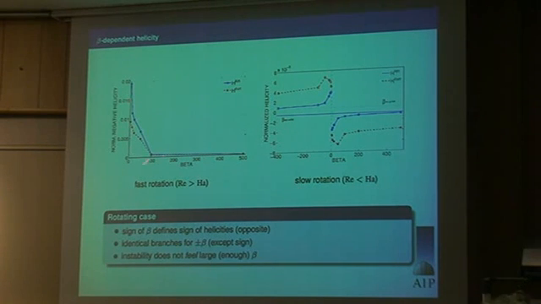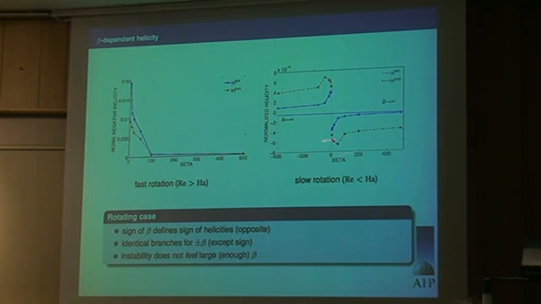So for the fast rotating case, beta again is the measure for the size of the applied additional axial field. For the fast rotating case, we have a helicity which vanishes for strong beta, or beta equal infinity, so without any axial field, and it has a maximum for beta around 3 or 2, and of course it has to be again 0 for beta equals 0, because then it's not unstable.